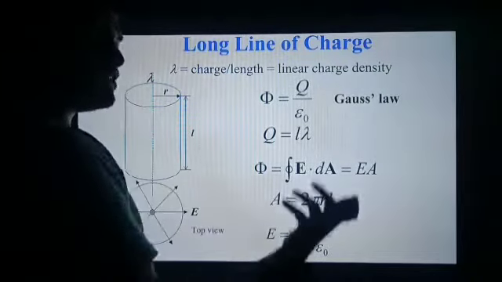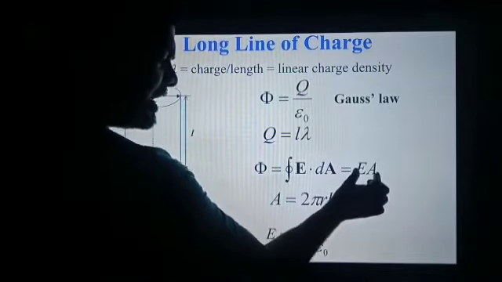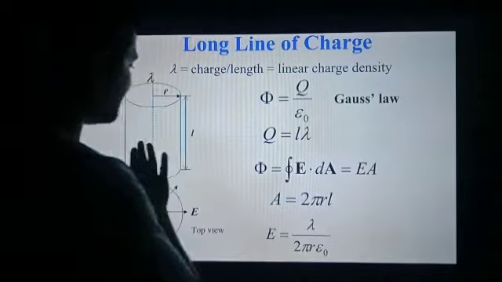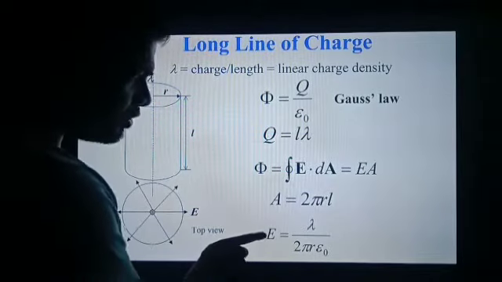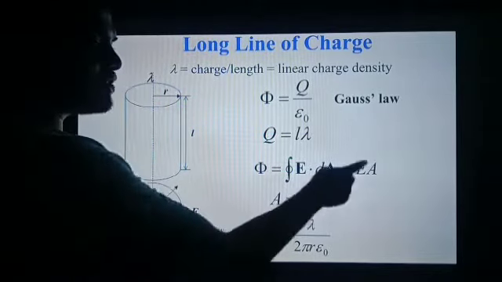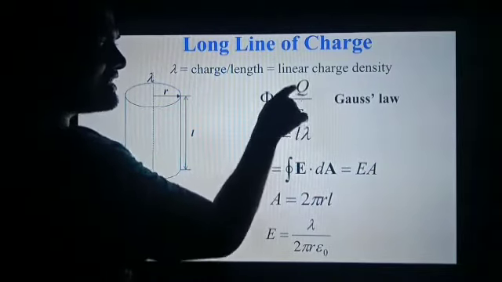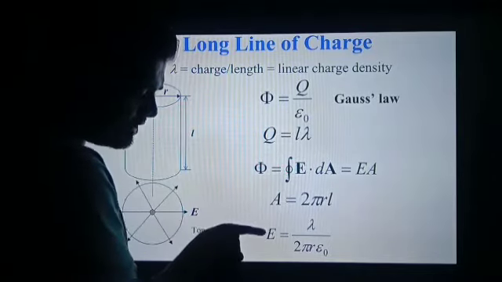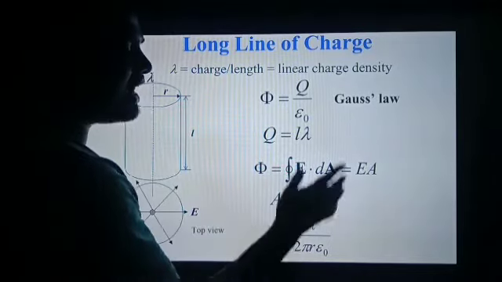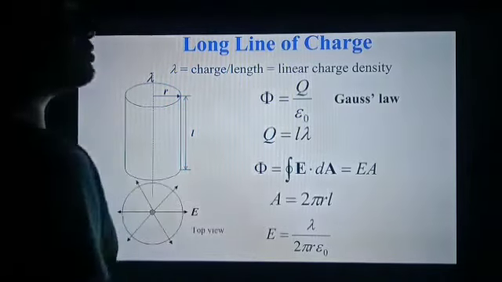But we know very well from the definition of flux, phi is equal to EA. A is the curved surface area, that is 2 pi r L. So if you put the value of phi, lambda L upon epsilon naught, then finally you will obtain E is equal to lambda upon 2 pi r epsilon naught. The same proof we have discussed according to the book.